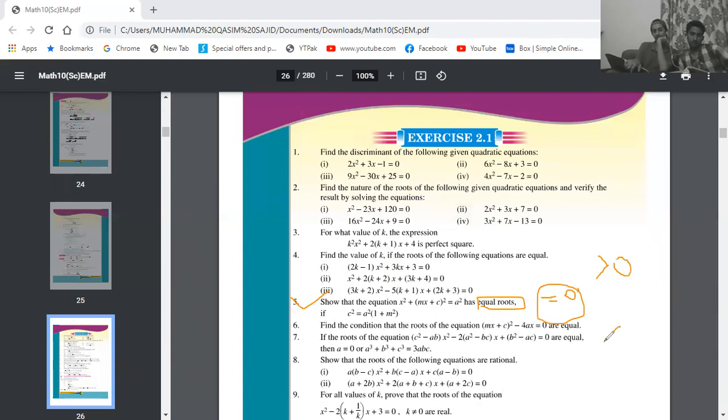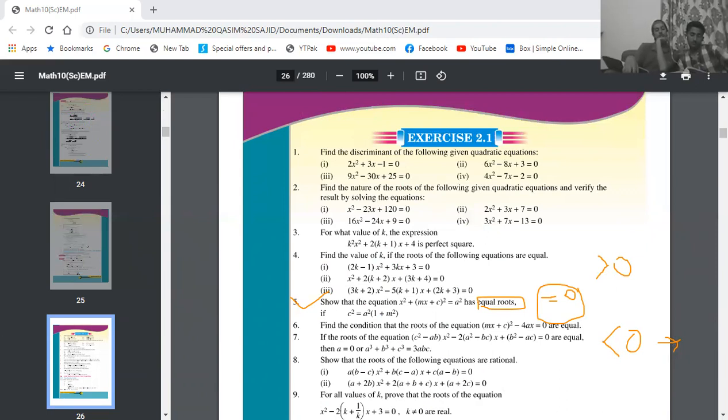There are three cases. When the value is less than 0, it means the number is a complex number. Complex means there is an iota. When this is greater than 0, whether it is rational or irrational, the roots are unequal.